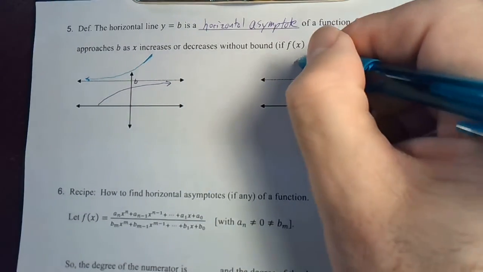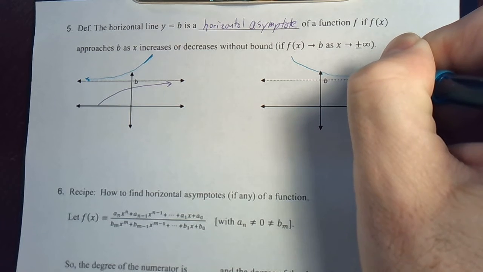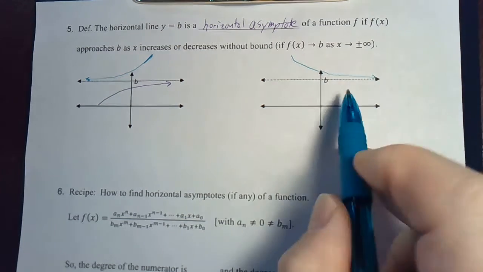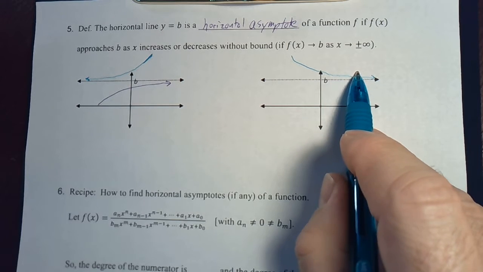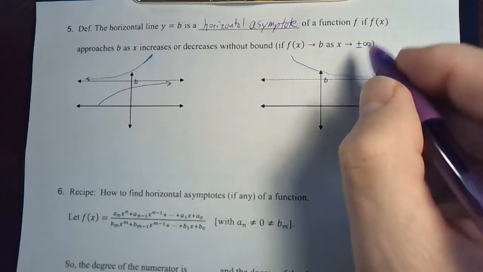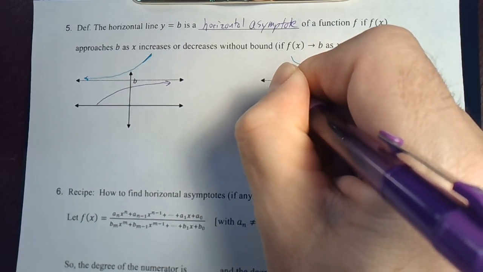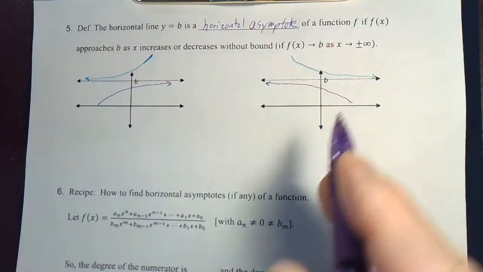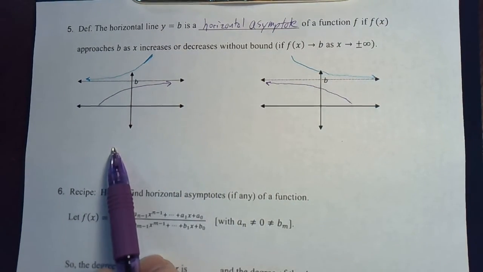It could be coming down from above it as x goes to positive infinity. The graph is getting closer and closer from above. Or it could be getting closer and closer from below as x goes to negative infinity.